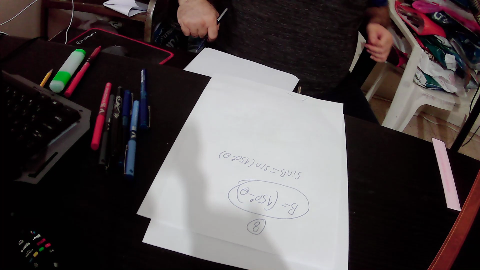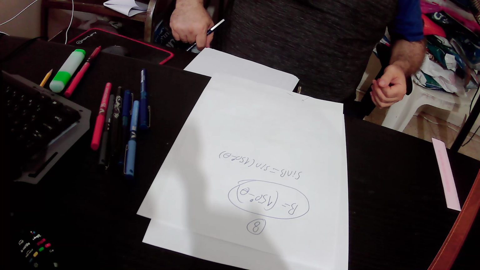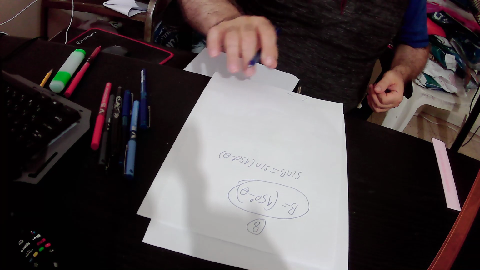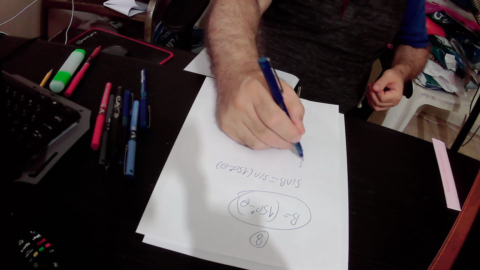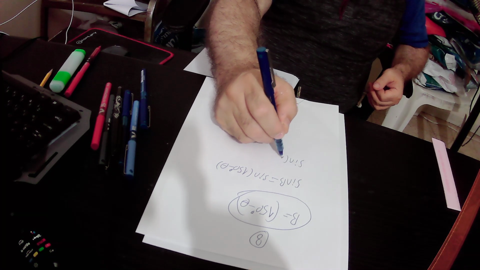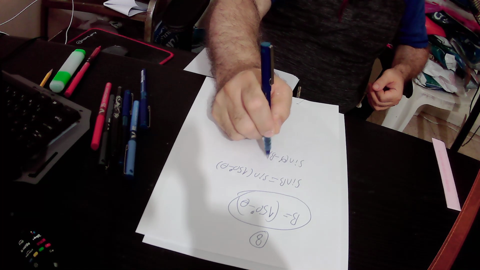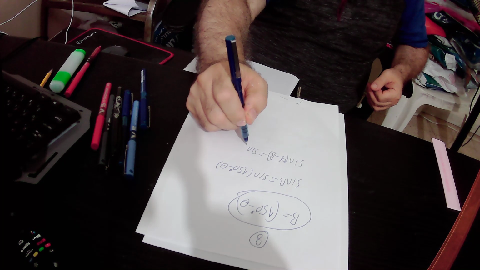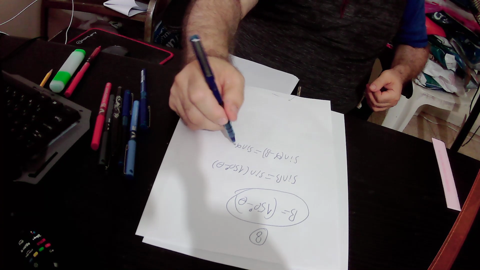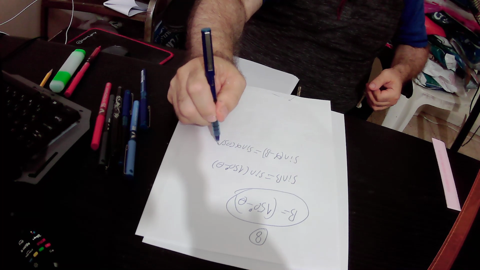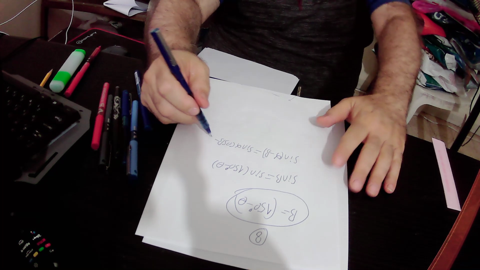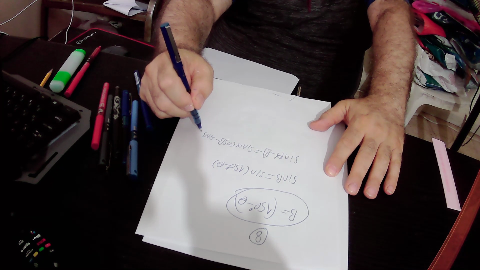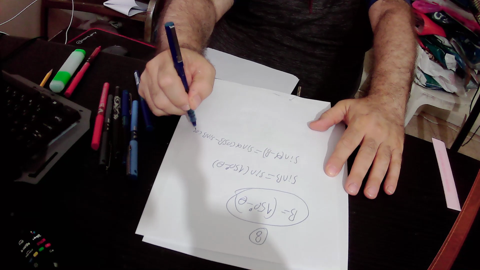But we know that according to the trigonometric identity, the value of sine of alpha minus beta equals sine alpha cosine beta minus sine beta cosine alpha.